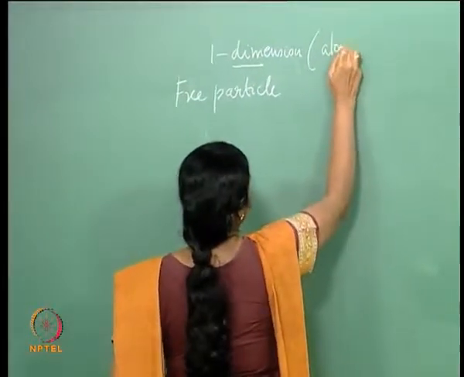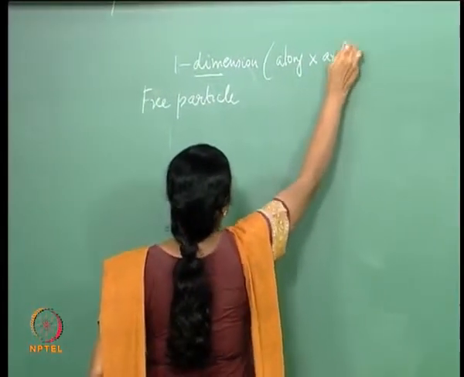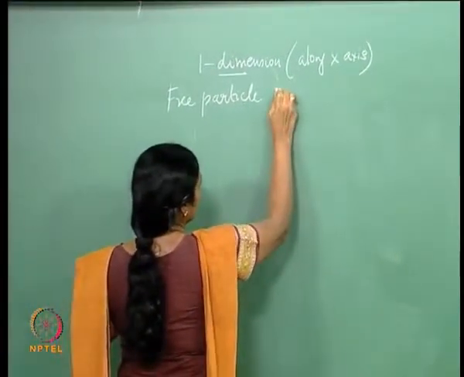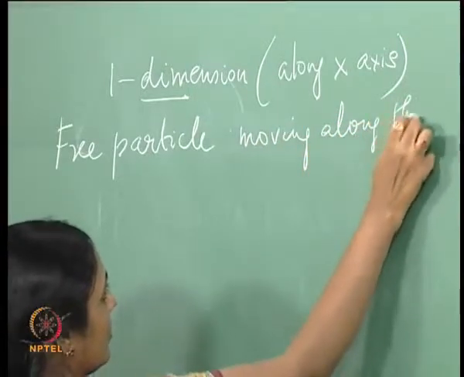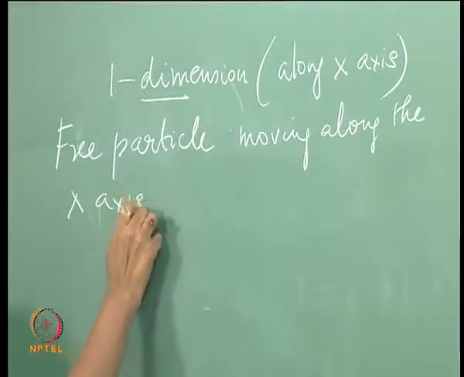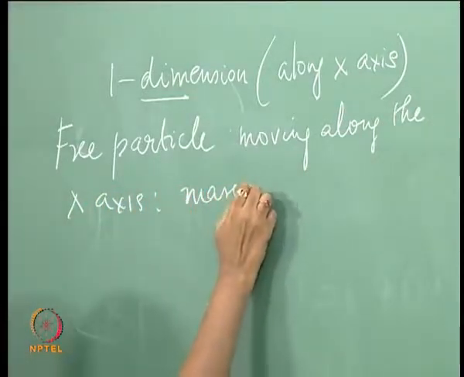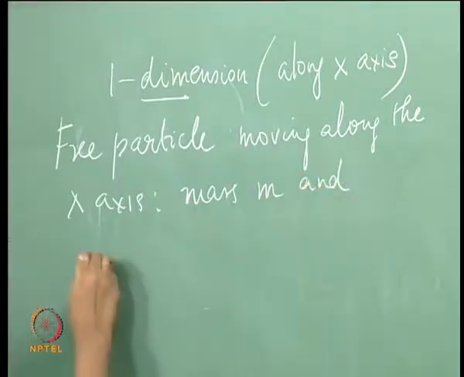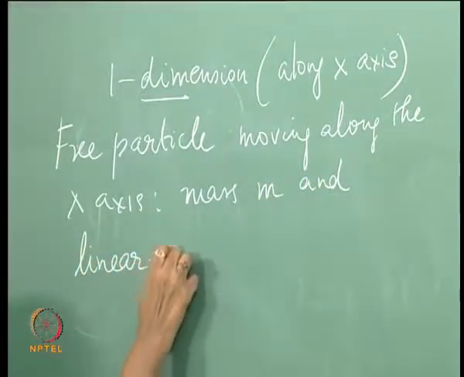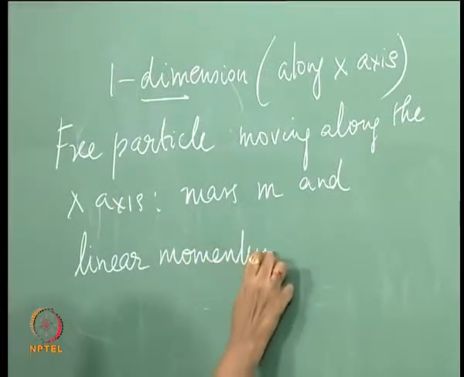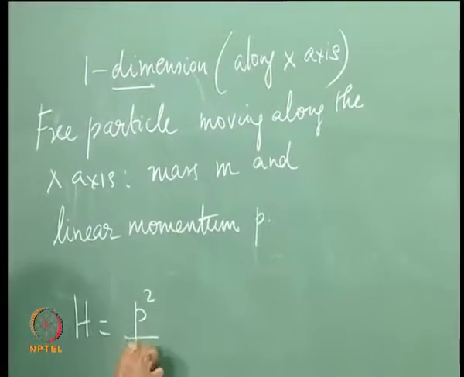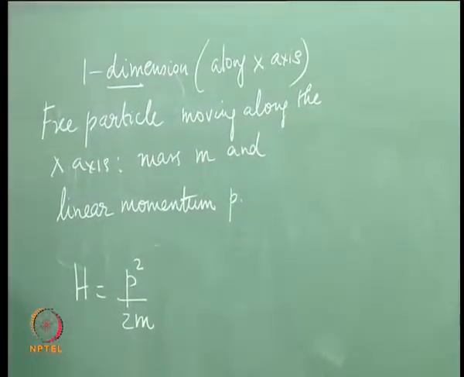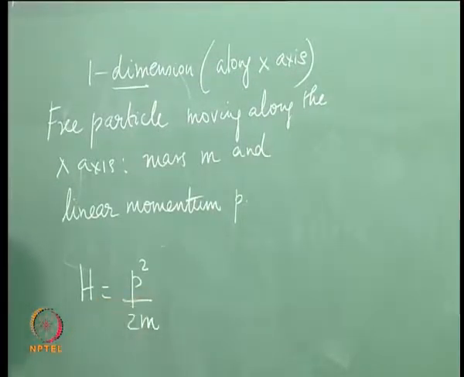So, a free particle moving along the x-axis, the mass is m and the linear momentum is p. It's clear that the energy operator is p squared by 2m. There is no potential term, otherwise I would have written a V of x.